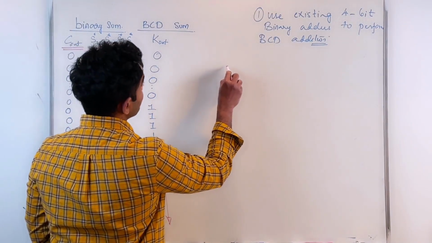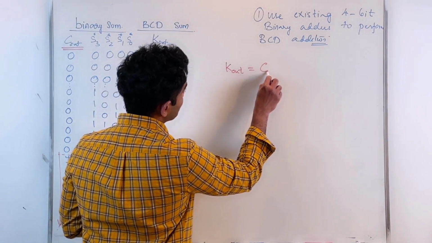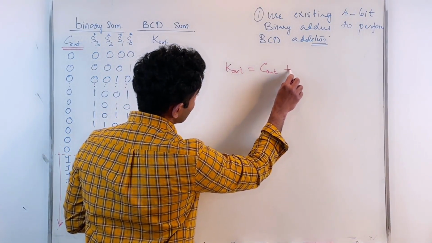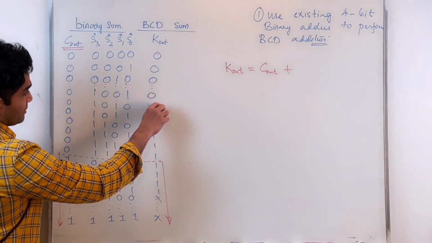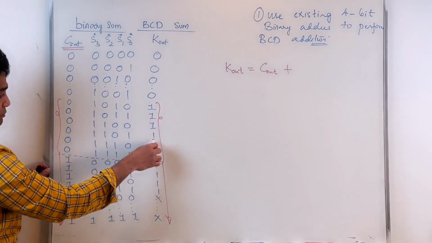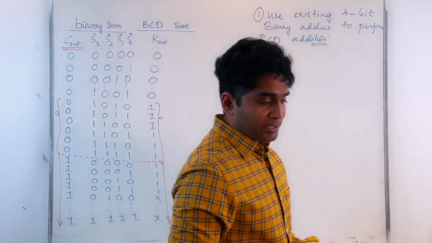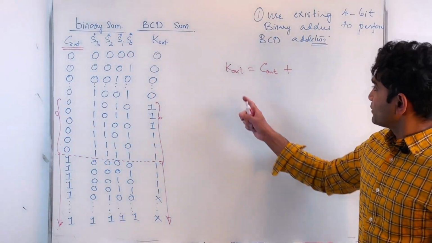That means my K out is 1 if my C out is 1, or because it's also 1 for other cases here. Because here my C out is 0, but yet my K out is 1. I need to see what other combinations I would be getting for which my K out is 1.